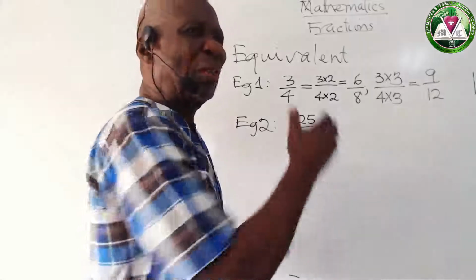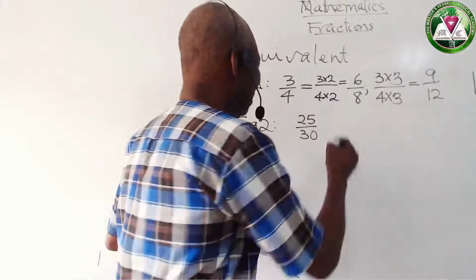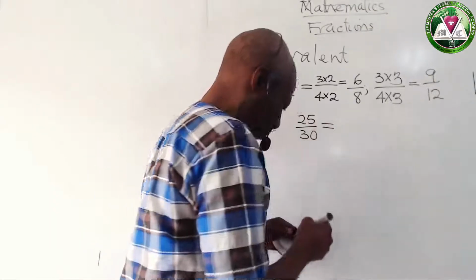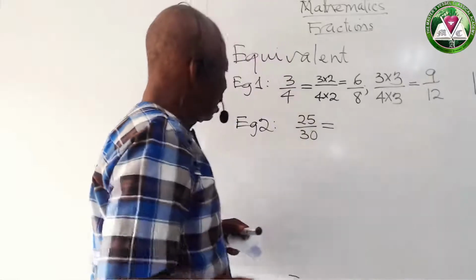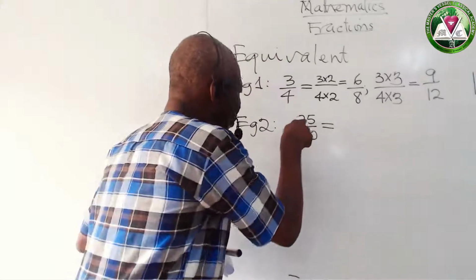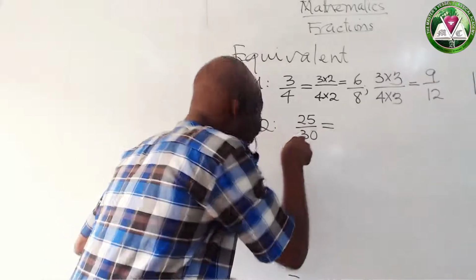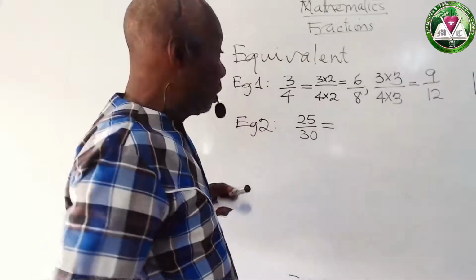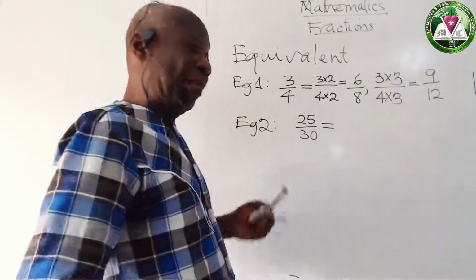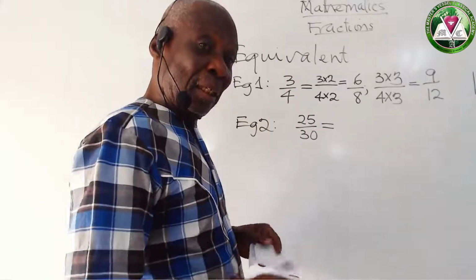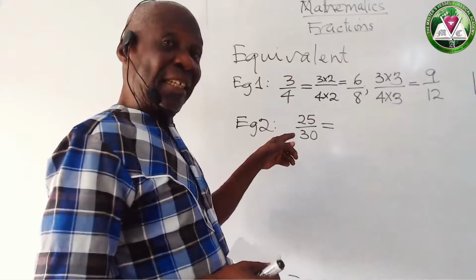And they want me to write this thing in descending order. So I will ask myself, what is the relationship between the top and the bottom? Is there any number that can divide this and divide this? You tell me yes. Some will say 5. Some will say many things. I know that it is 5 that can divide this.